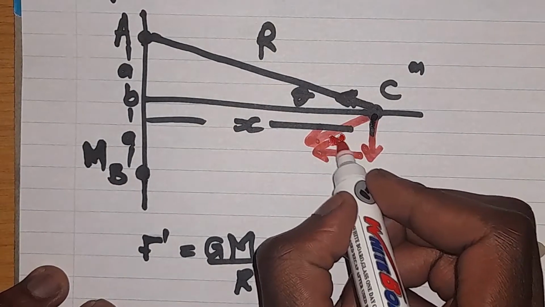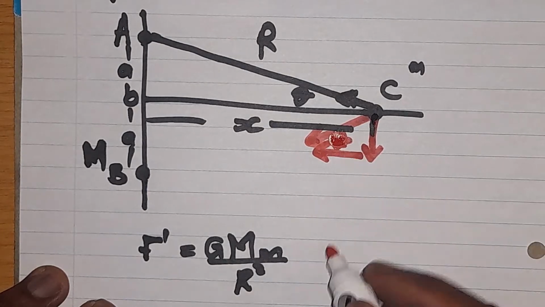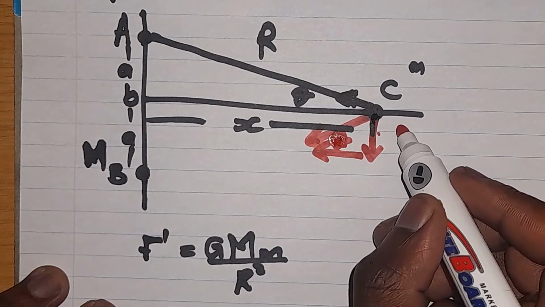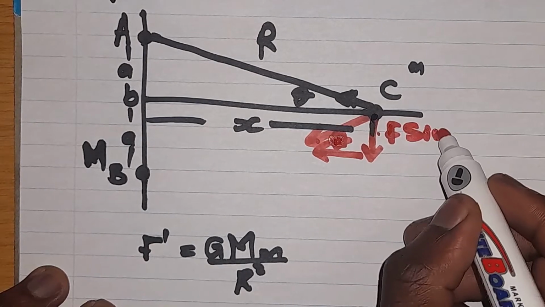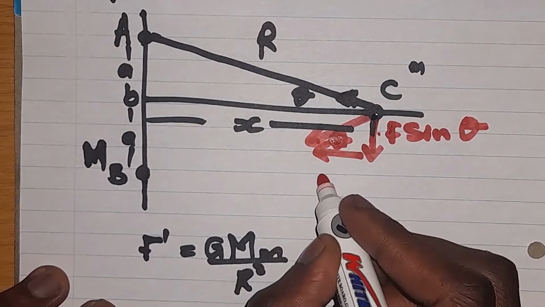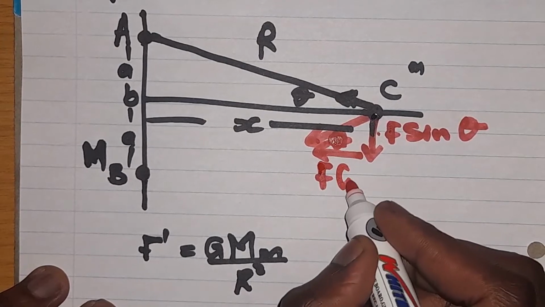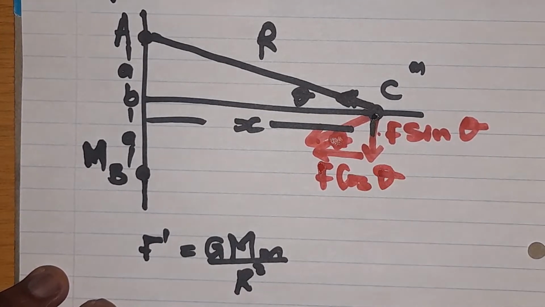We have an angle here, which will be theta, obviously. Then this one will be force sine theta, and this one will be the force cos theta, right?